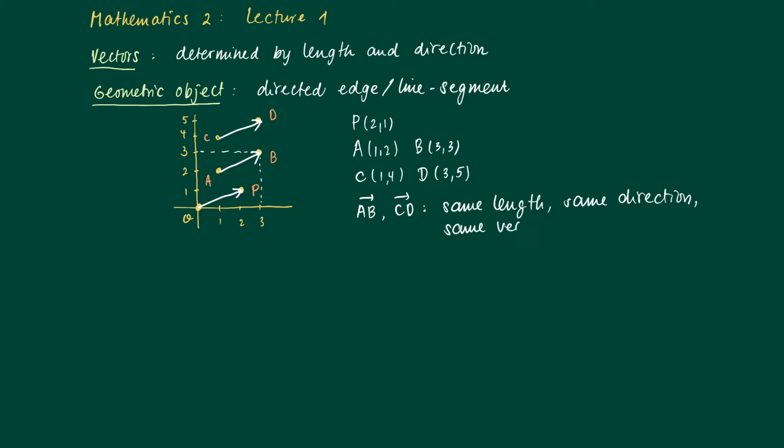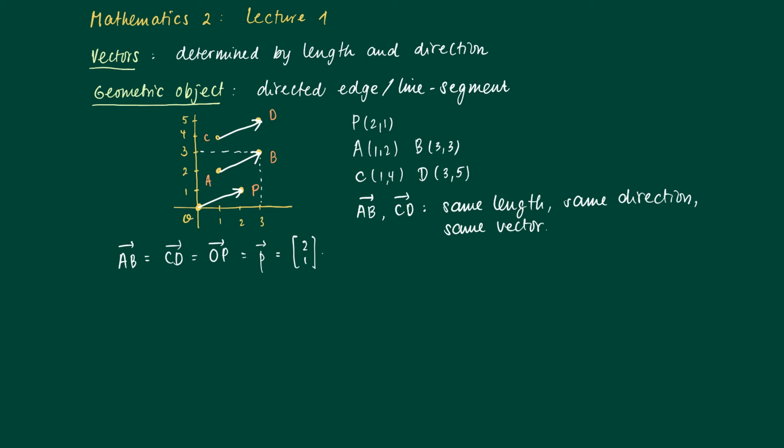In fact, all the vectors that we have here in this picture are the same. So the vector AB is the same as the vector CD, is the same as the vector OP. And we can describe it by stating the movement that it represents.